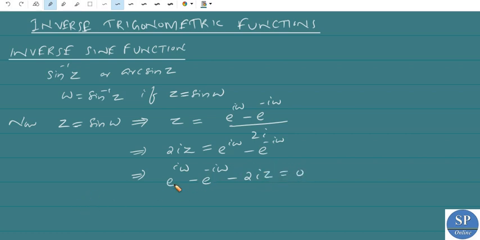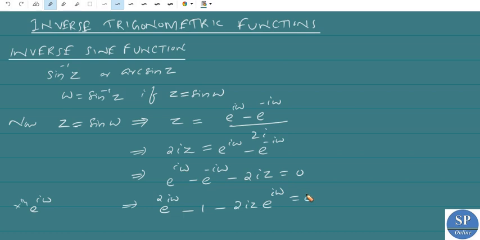Now multiplying this equation with e power iw, we get e power 2iw minus e power minus iw into e power iw, which is e power 0, that is 1, minus 2iz into e power iw equal to 0.